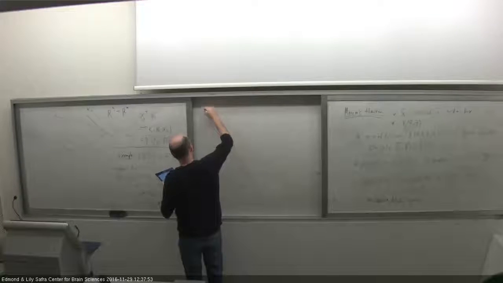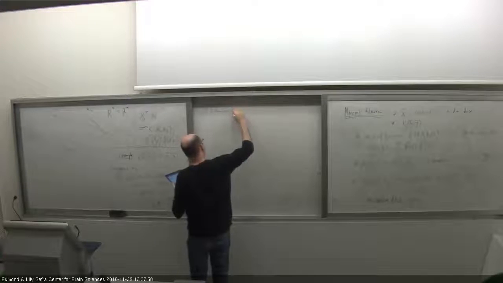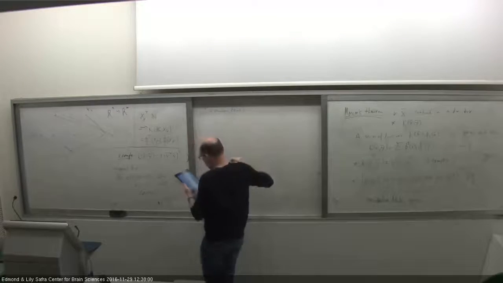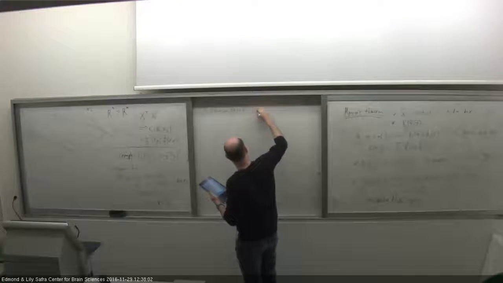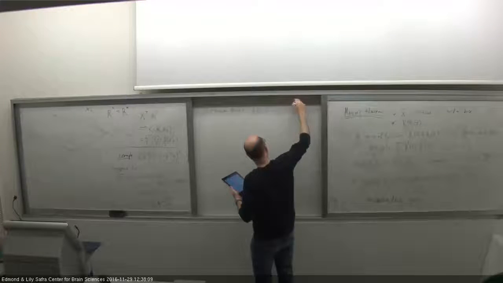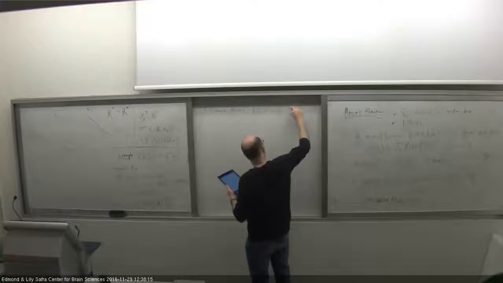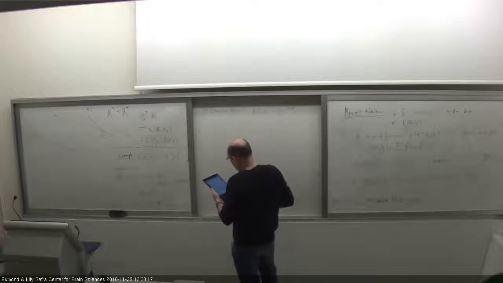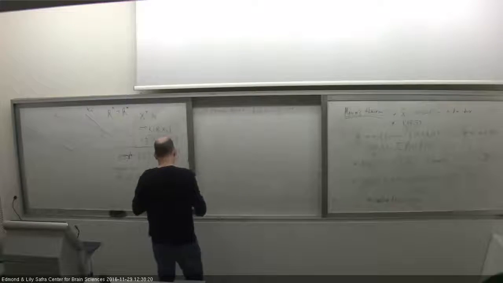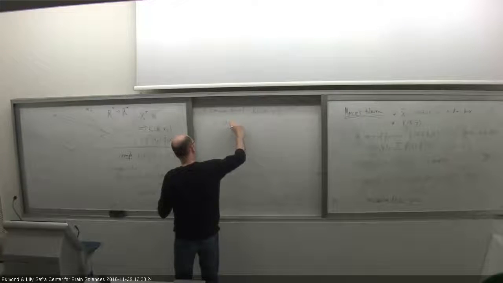One is called the Gaussian kernel. So it's a Gaussian function of the distance between the two vectors x and x prime. It's sometimes called also radial basis function.